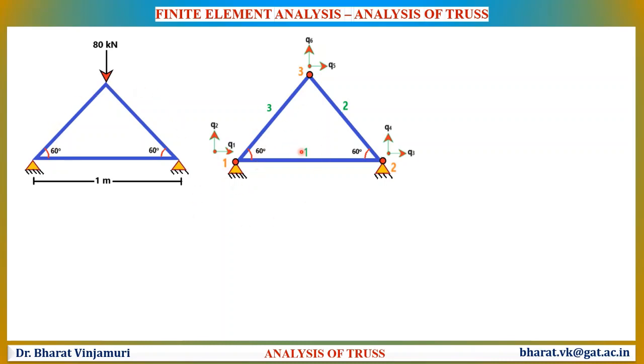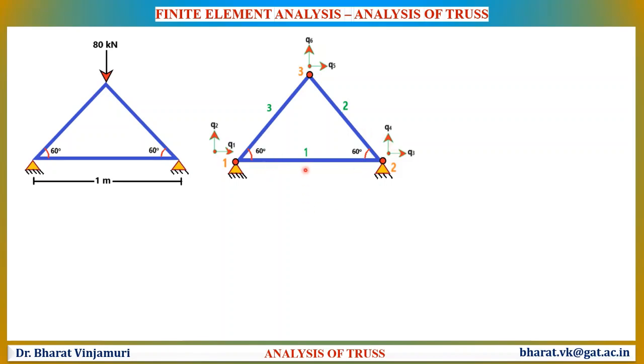It consists of totally three elements, 1, 2 and 3, and also 3 nodes. Element 1 is in between node 1 and node 2. Element 2 is in between node 2 and node 3, and similarly element 3 is between node 3 and node 1.